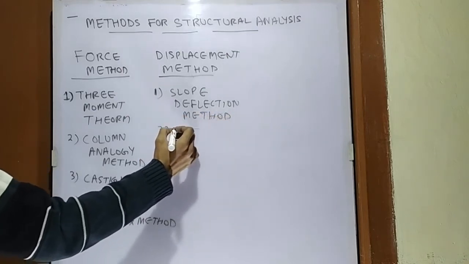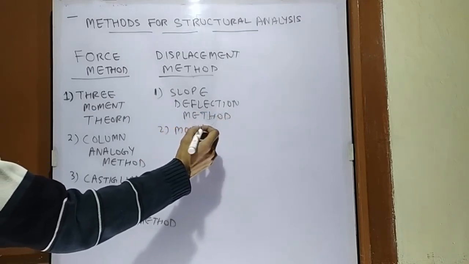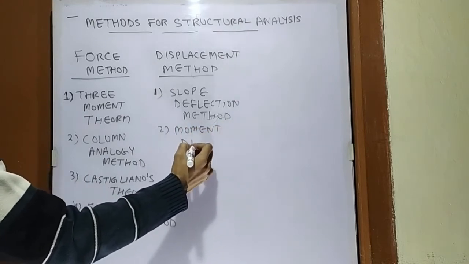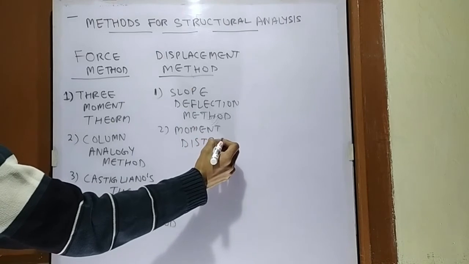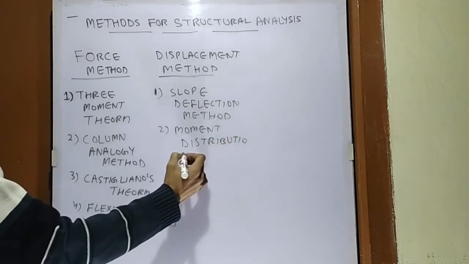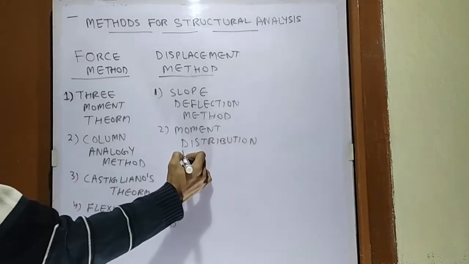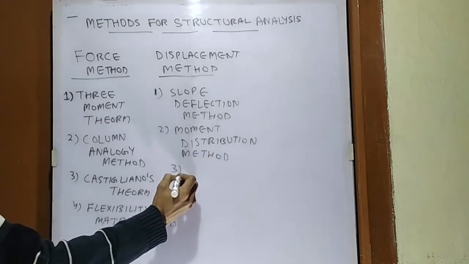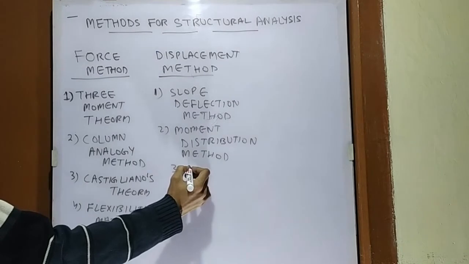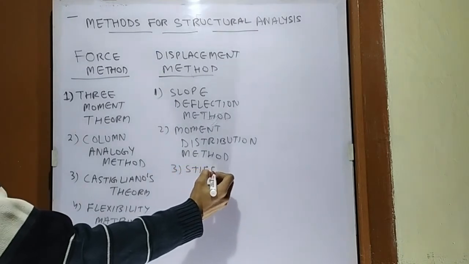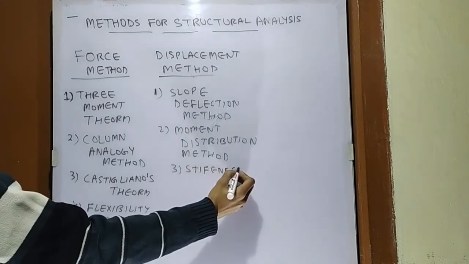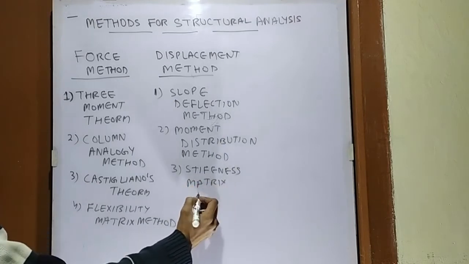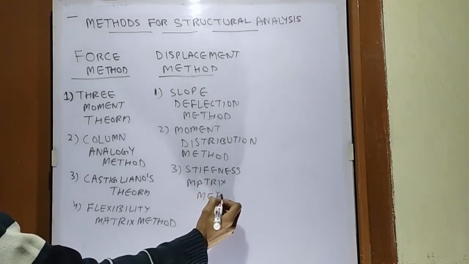And the other method is moment distribution method. Okay, and the third one is the stiffness matrix method.